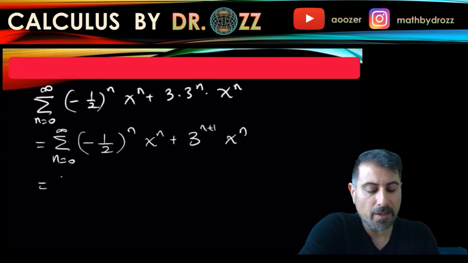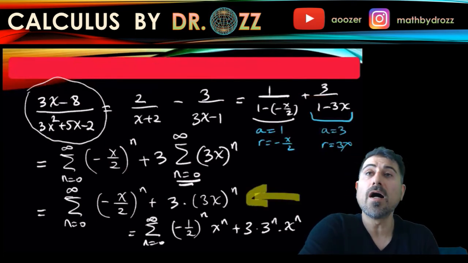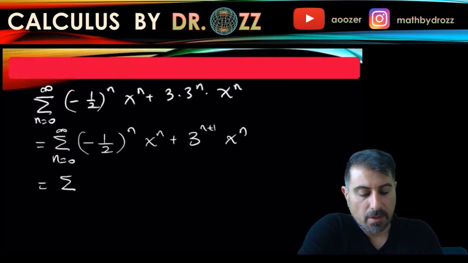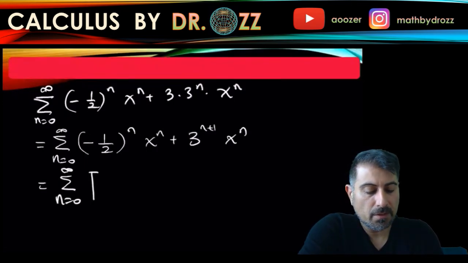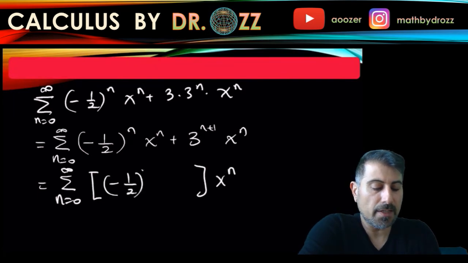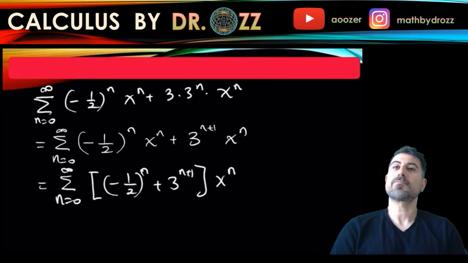That way we can write this sum here in terms of only one power series. Okay, so here we go. n starting from 0 to infinity, x to the n pulled out. I have minus 1/2 to the n plus 3 to the n plus 1 multiplying x to the n.